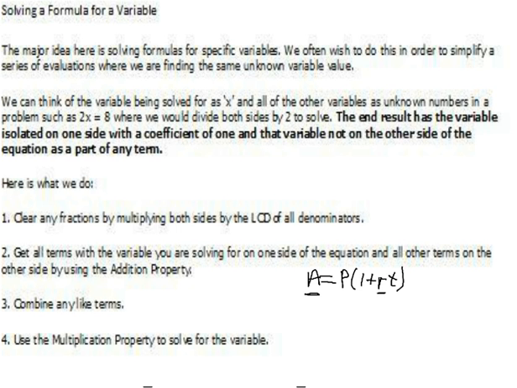We want to make sure this idea that's in bold here is really emphasized, that the solution will always look like this. We'll have x on one side, and the key idea is that on the right side there can be no x's anywhere.